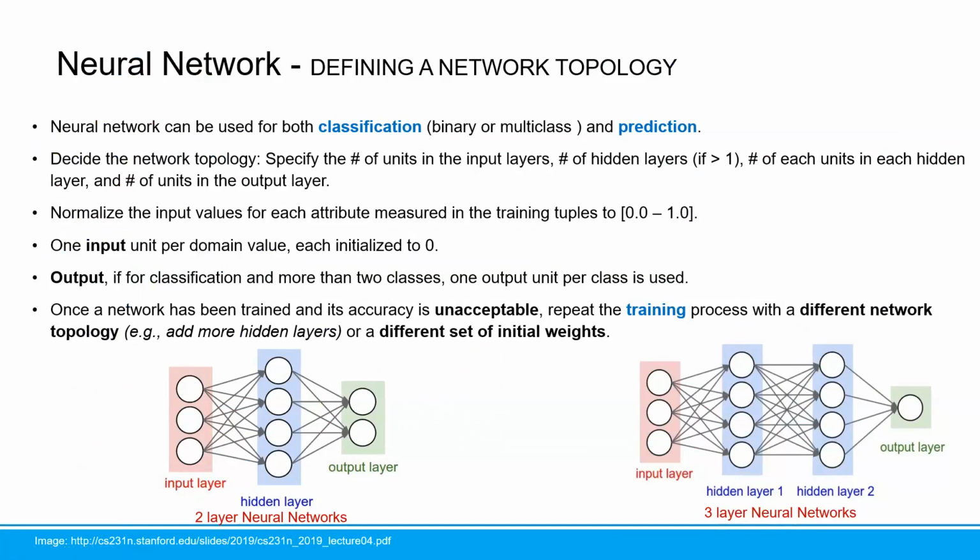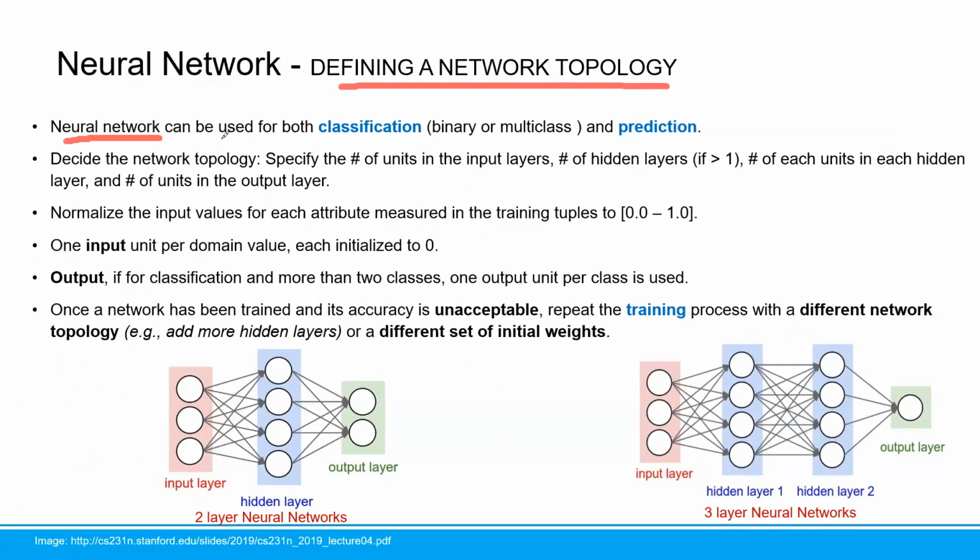So when we have the neural network, we need to define the network topology. What is the meaning of network topology? It means we want to have the neural network, and it depends on the purpose.